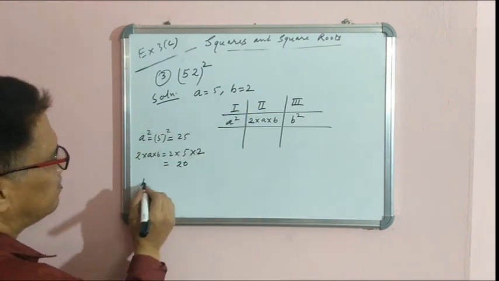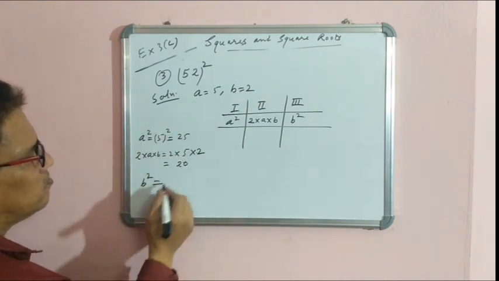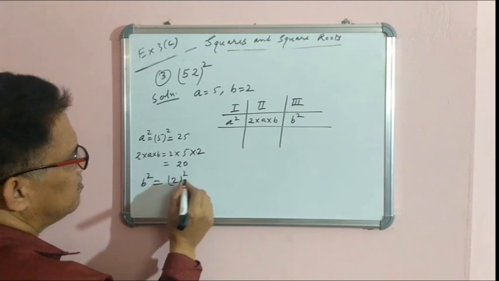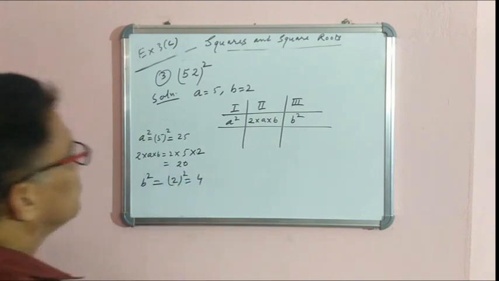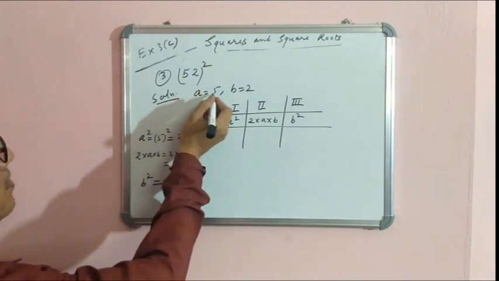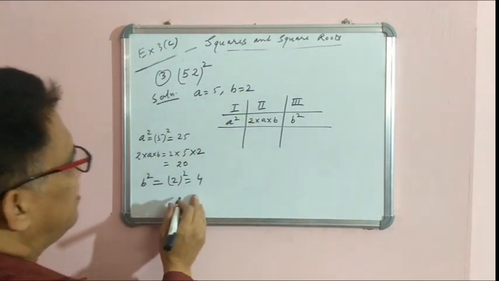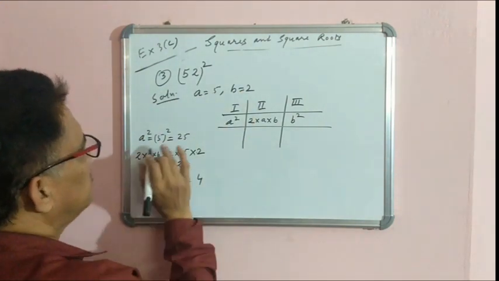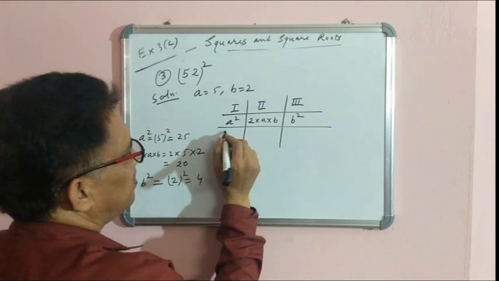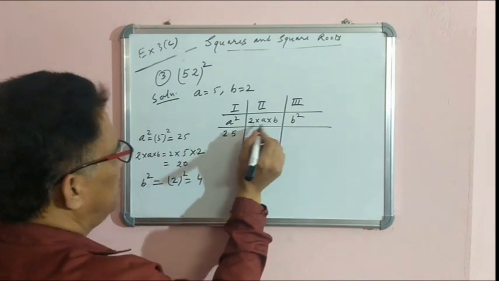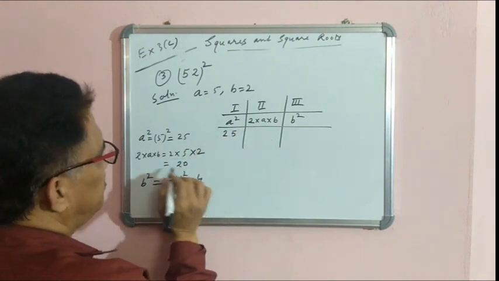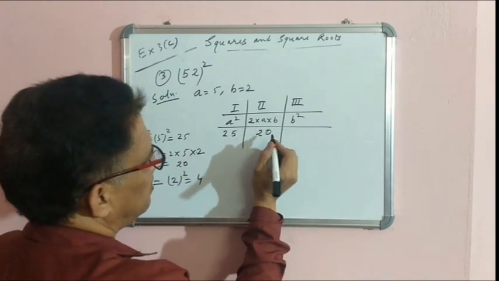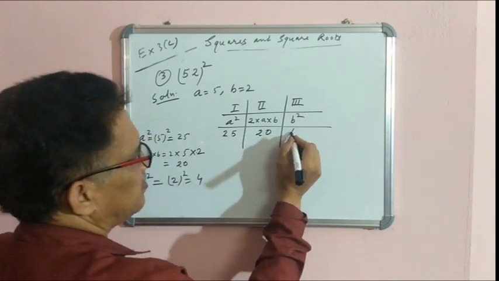Now B square is equal to 2 square, which is equal to 4. Clear? 52, A is 5, B is 2. So B square is 4. Now we put the values here: A square is 25, 2AB we have calculated as 20, and we write B square here.